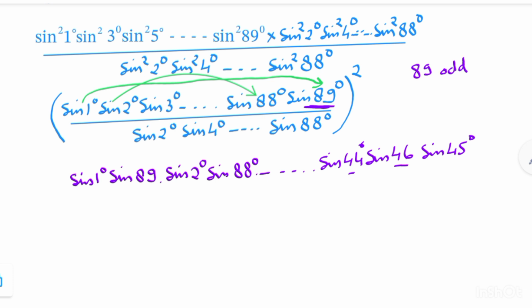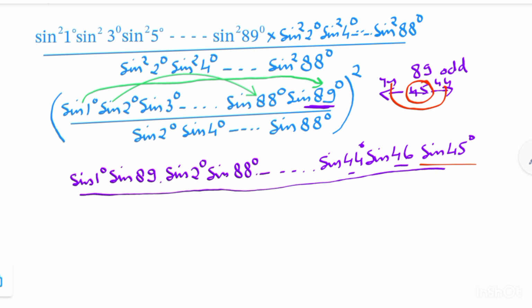So on making pairs of 2, we will get 44 terms here and 45 in the middle and 44 terms here. So on making pairs, these terms will come together and the middle term sine 45 will remain the same. Now this is whole divided by sine 2 degree, sine 4 degree and so on to sine 88 degree whole square.